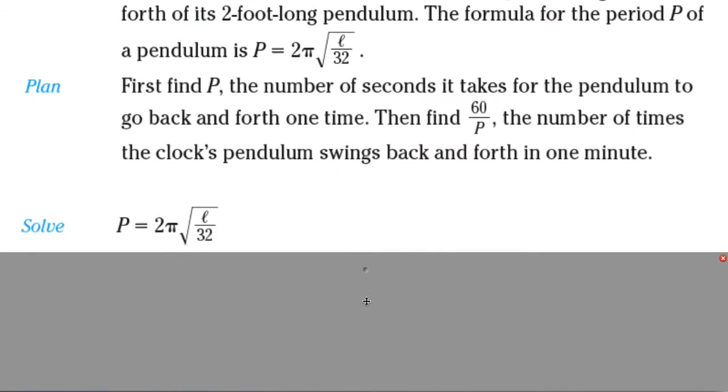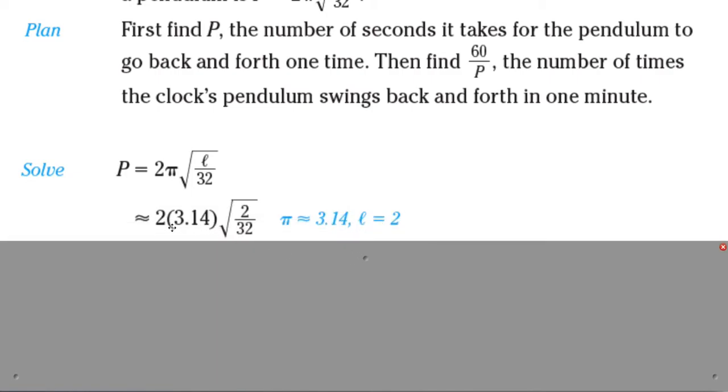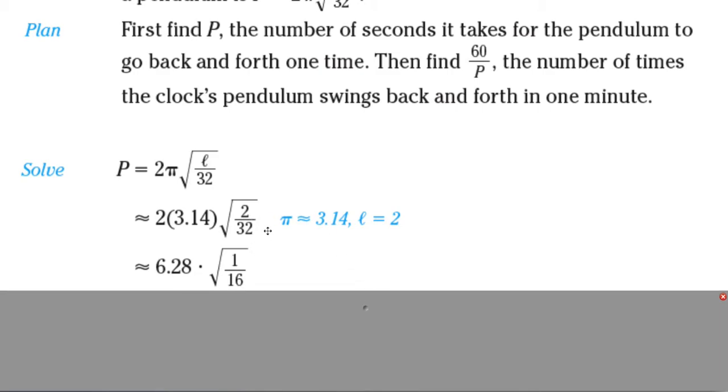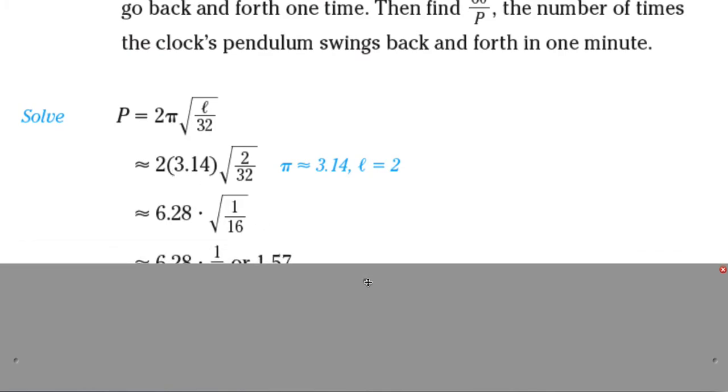Let's implement that. So first, write down the formula. P is equal to 2 pi times radical L over 32, which is approximately equal to 2 times 3.14, approximate value of pi, times radical 2 over 32, where 2 is the length of our pendulum. And then we simplify 2 over 32 to become 1 over 16, and 2 times 3.14 as 6.28.